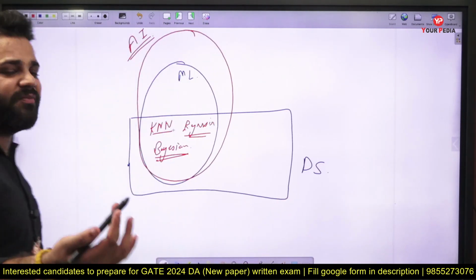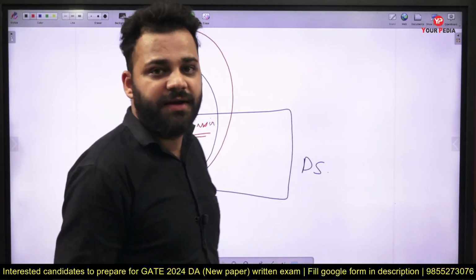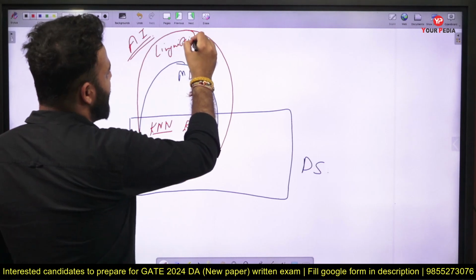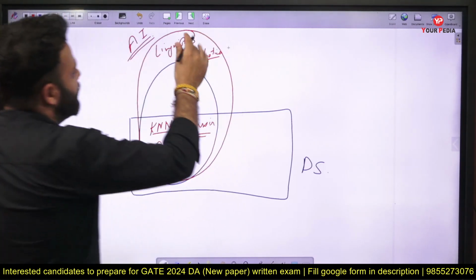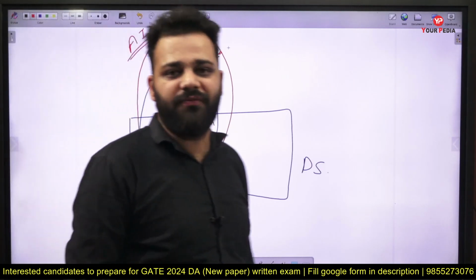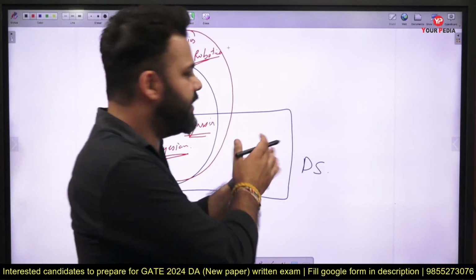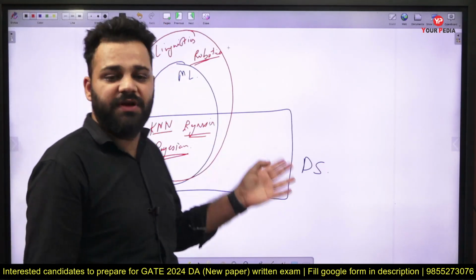Now there are some fields in AI which will not require machine learning or even data science, such as linguistics or robotics. These are independent types of AI. Machine learning will not be used in that field, and data science will also not be used in that field.